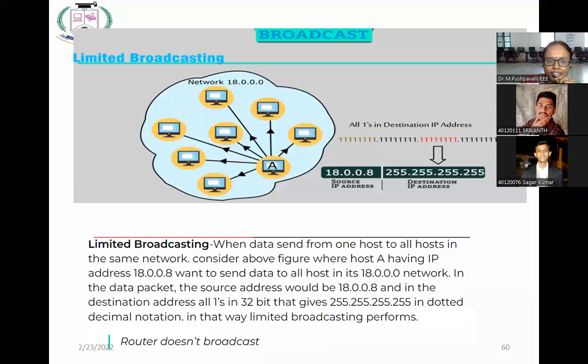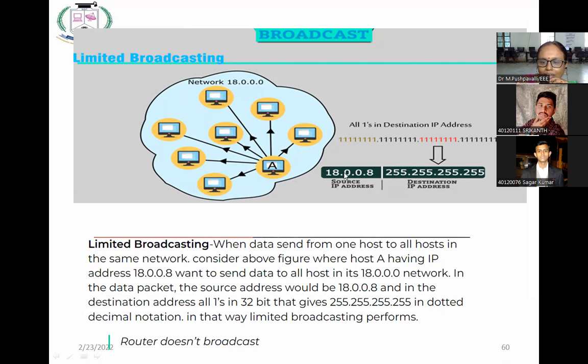Okay, so when you see the limited broadcast, this is, I think, the best example. Data is sent from one host to all the hosts. For example, this will be the source IP address and this will be the destination IP address. Depending on the destination IP address, wherever my receiving ID is, my packet will be sent to that respective ID.